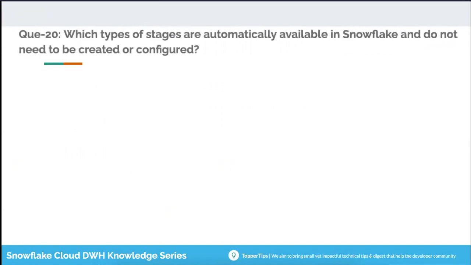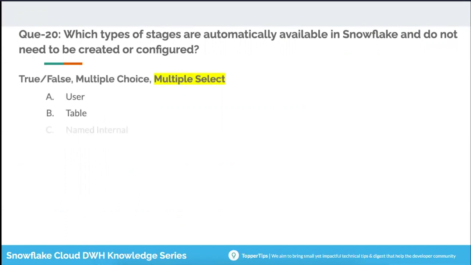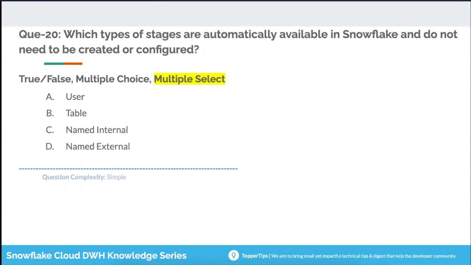Which types of stages are automatically available in Snowflake and do not need to be created or configured? This is also a pretty simple one. And the answer is A and B, the user and table stages are created automatically by Snowflake.